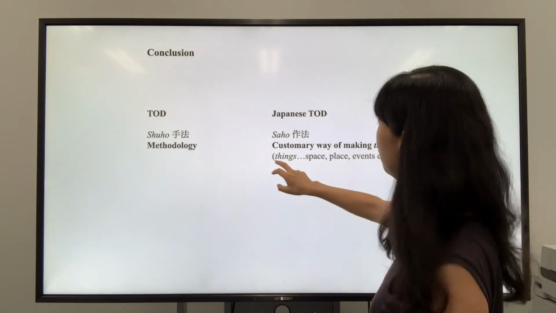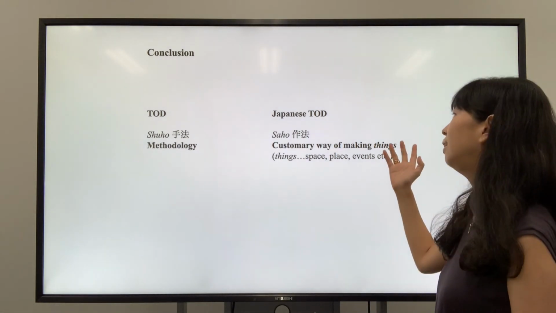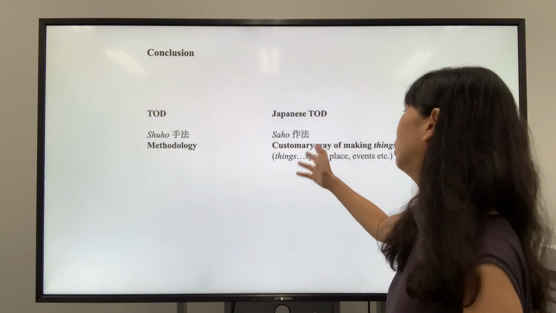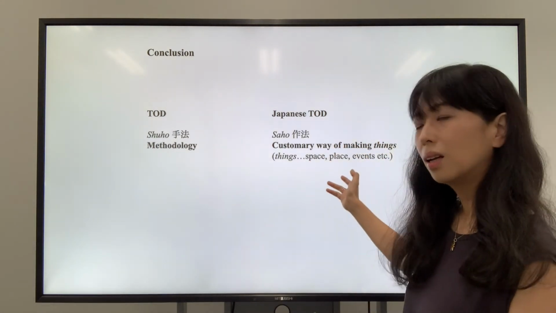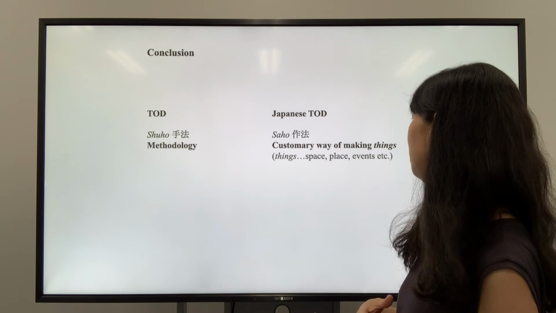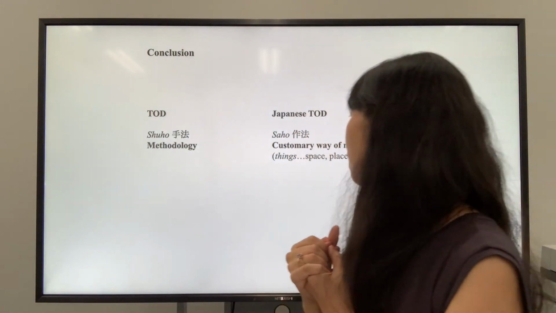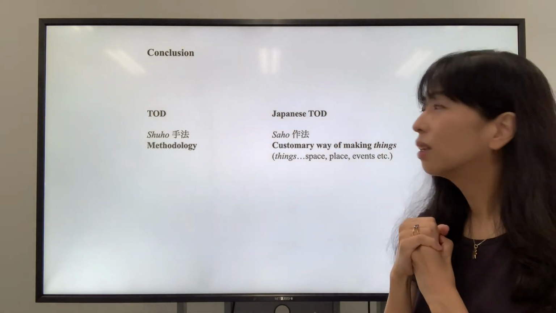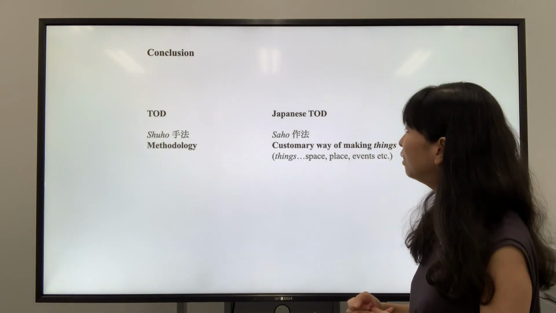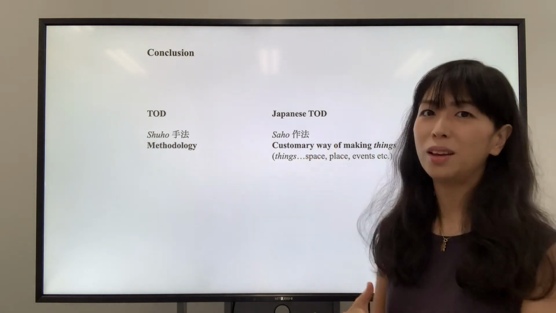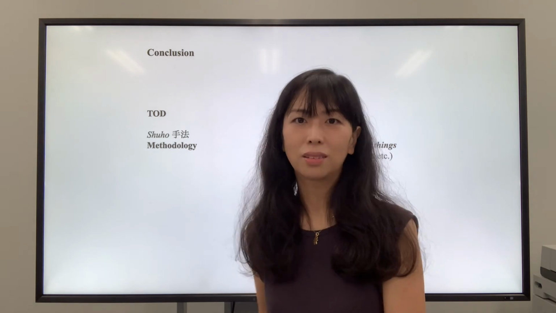In English, it means the customary way of making things. These things include the space, placemaking, and events, all of these together. And all of this together is based on a customary way that is very different from context to context.